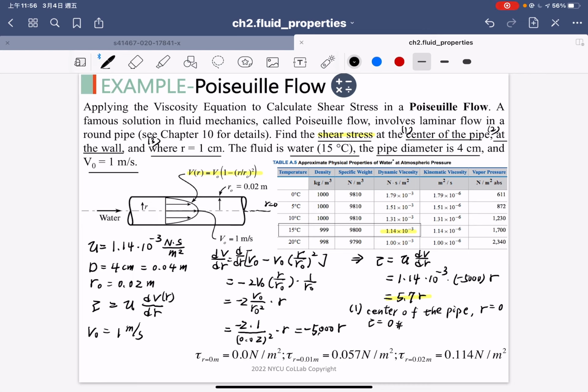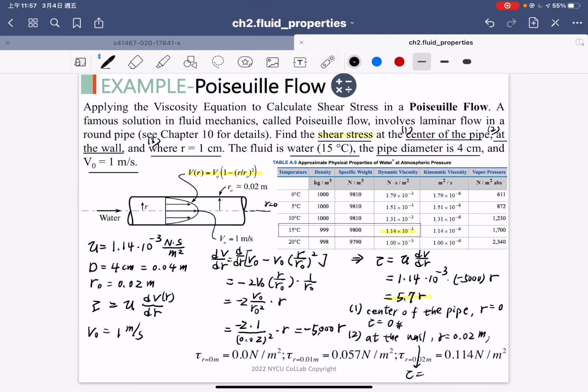Okay? And then second, the location at the wall. So the location at the wall means R is equal to 0.02 meters. And then you can put it into the equation, so you can compute tau for this number.